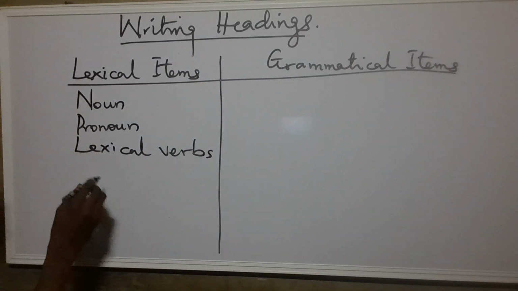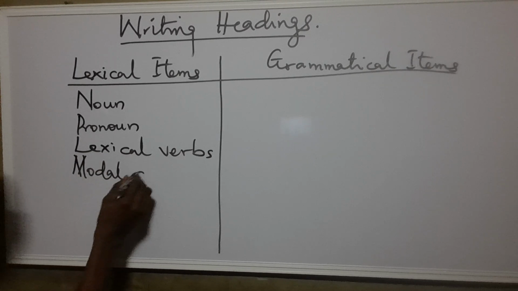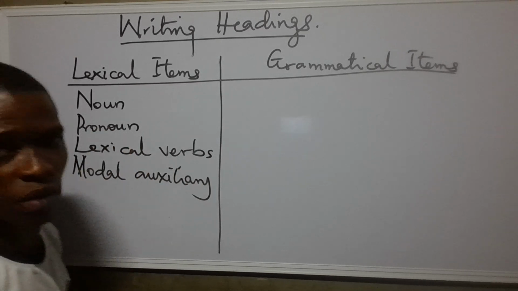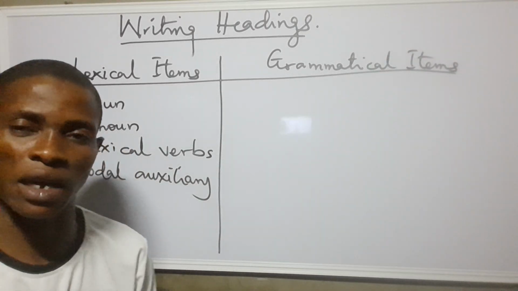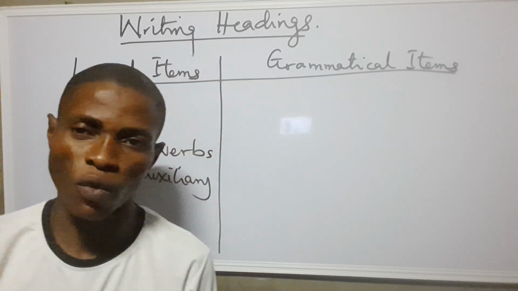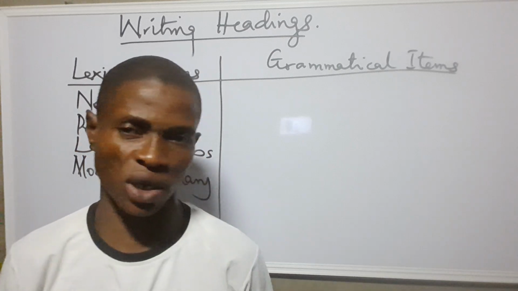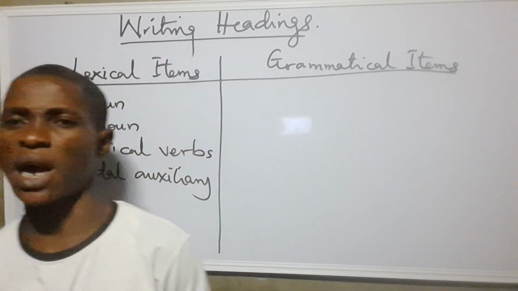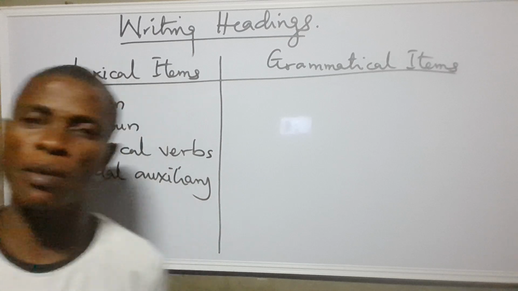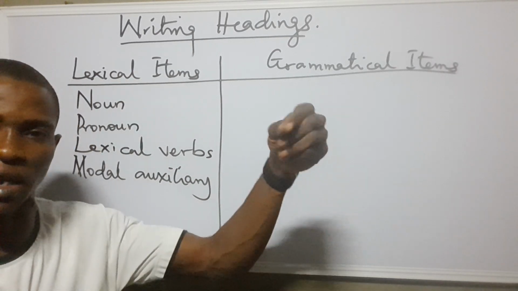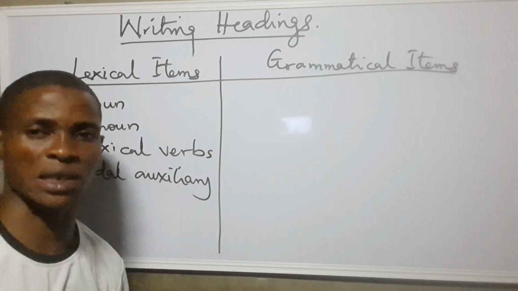Now, the next thing that we need to consider is called modal auxiliaries. The modal auxiliary verbs are verbs like will, would, shall, should, can, could, may, might, and so on and so forth. Why do we categorize this one as a lexical item? They also carry out certain specific assignments. Apart from playing a grammatical role, they still play a lexical meaning.